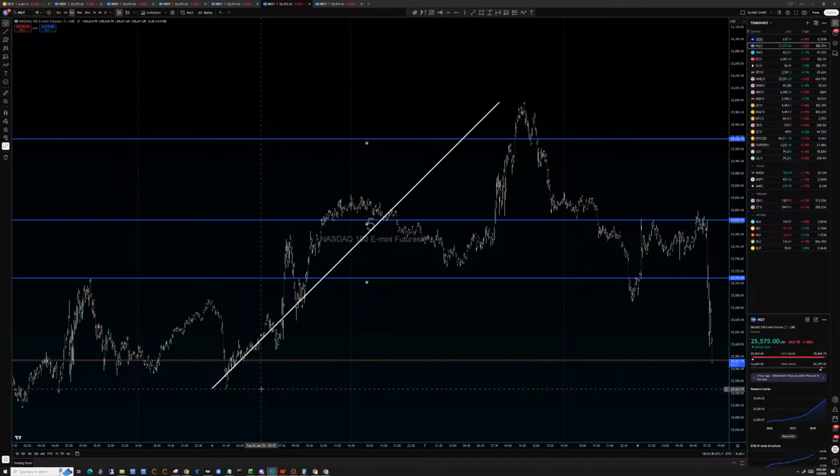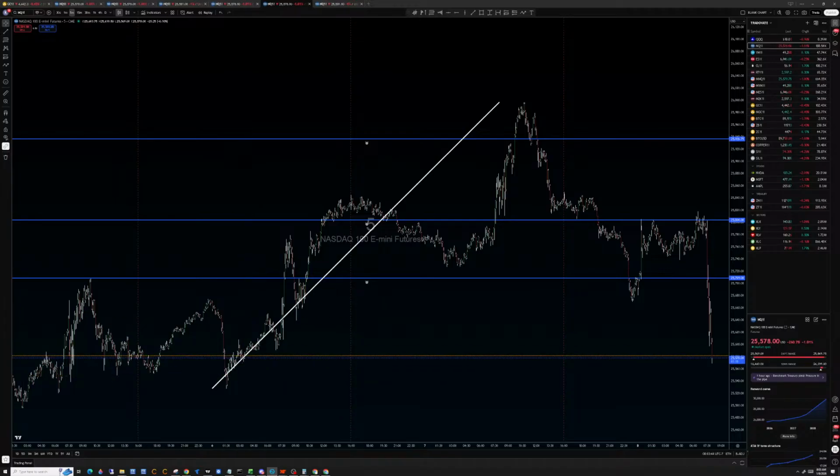50 is an obvious target. 25 is that low. Getting little buyers in here on that candle there.